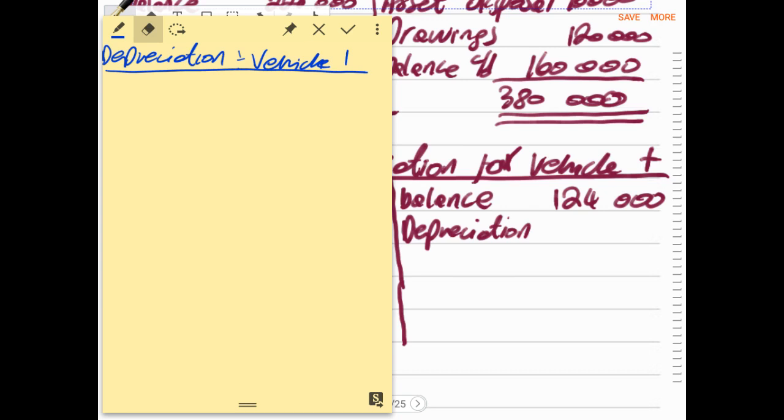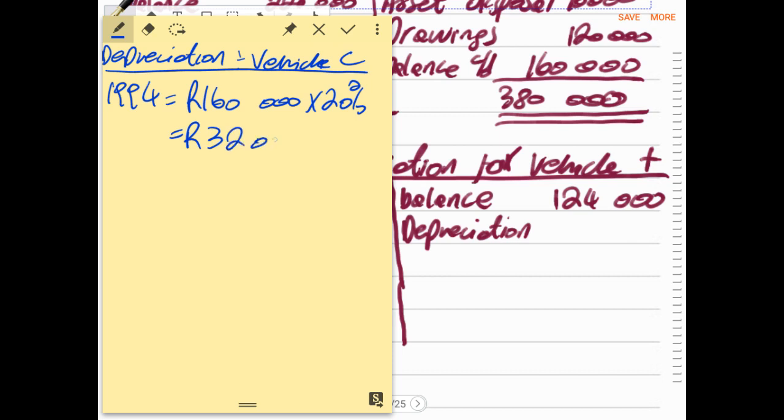So the cost of motor vehicle C is 160,000 rands times 20%, and that will give us 32,000 rands.